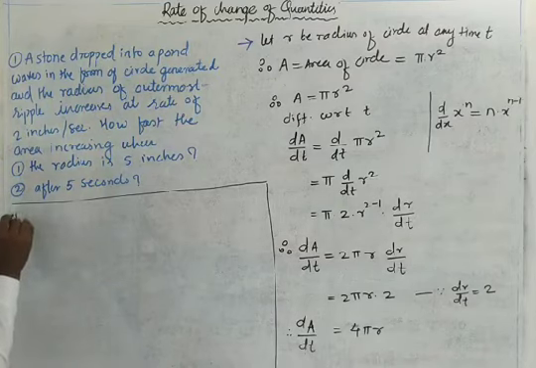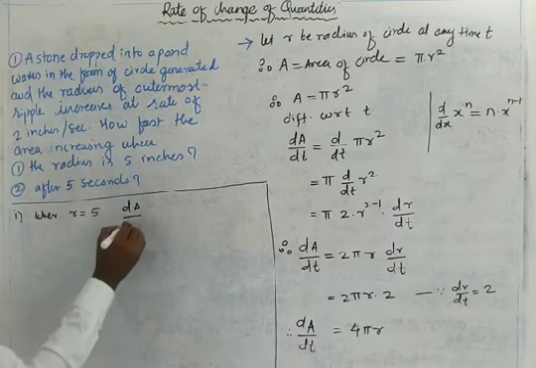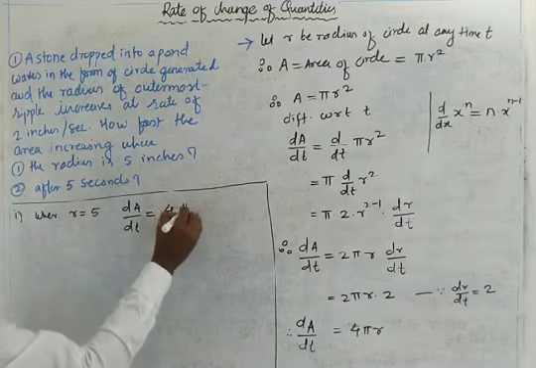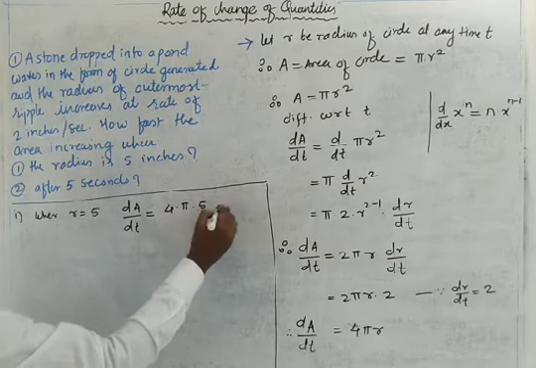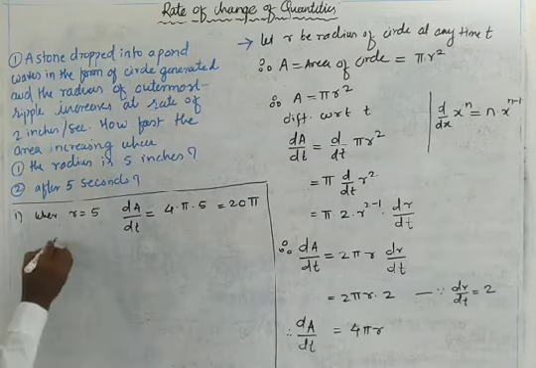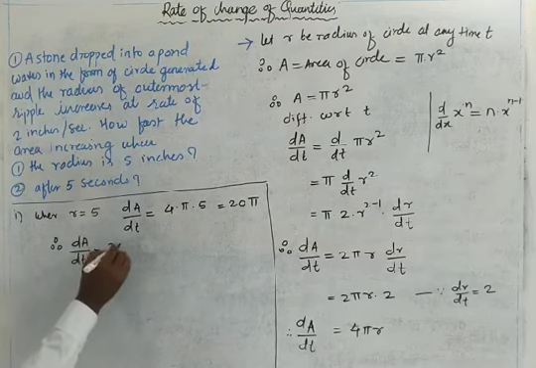So first case, when r is equal to 5, dA by dt is equal to 4 into pi into 5, that is 20 pi. So dA by dt is equal to 20 pi.